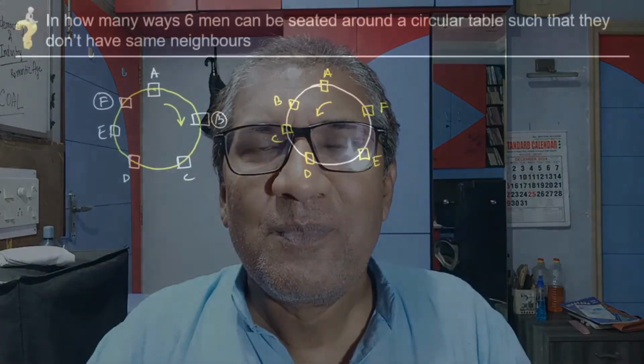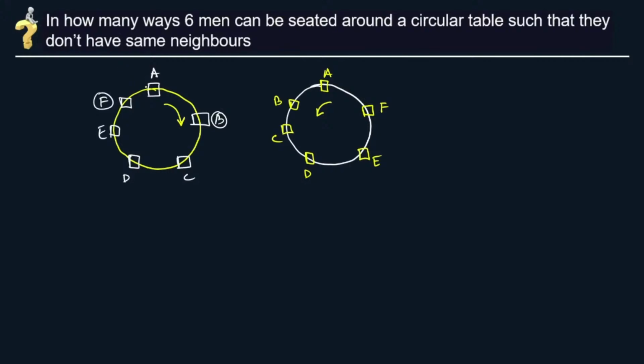They are absolutely same. Question comes why? Because what they have said, they don't have same neighbors. In the first case, the neighbors of A are F and B. In the second case, the neighbors of A are B and F. Same thing.